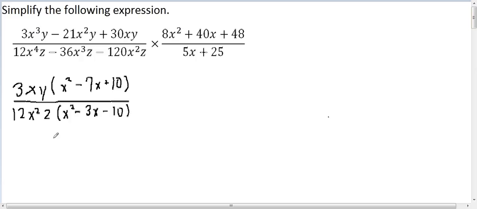And once we factor 12x squared z out from the polynomial in the denominator, we're left with x squared minus 3x minus 10.